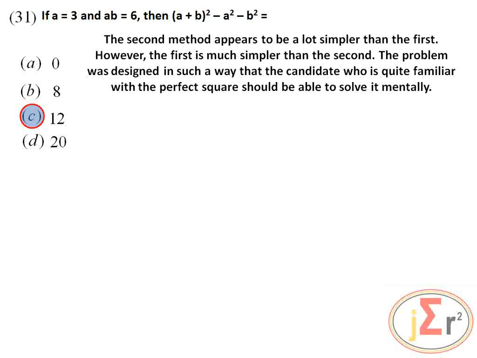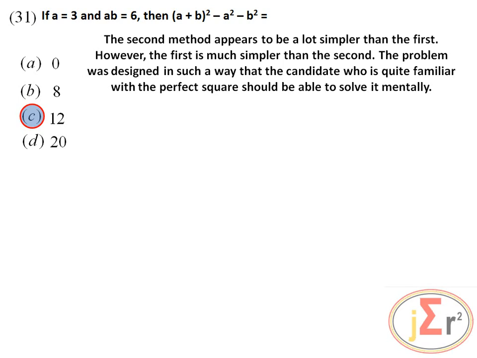The second method appears to be a lot simpler than the first. However, the first is much simpler than the second. The problem was designed in such a way that the candidate who is quite familiar with the perfect square should be able to solve it mentally.